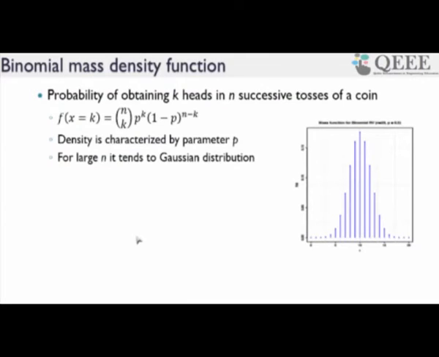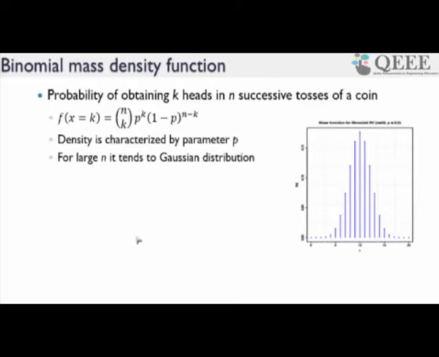There are different types of density functions that one comes across when one works with data science problems. Binomial is a well-known mass function, which is nCk p to the power k times (1 minus p) to the power (n minus k). For example, for the probability of obtaining k heads in n successive tosses of a coin, one could use this, where p will be half.